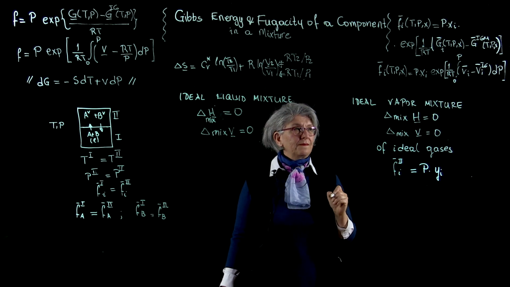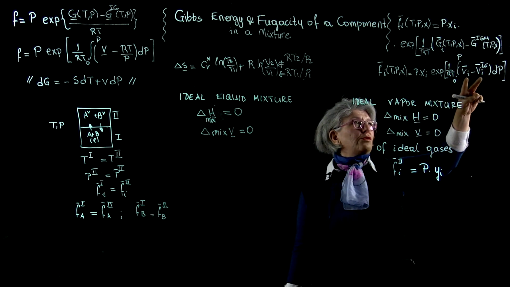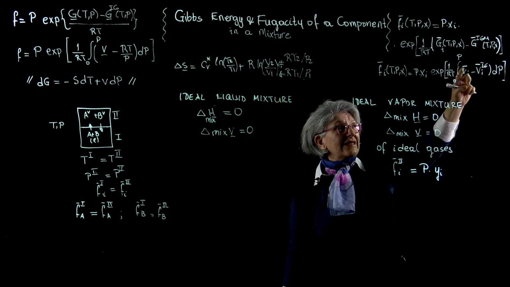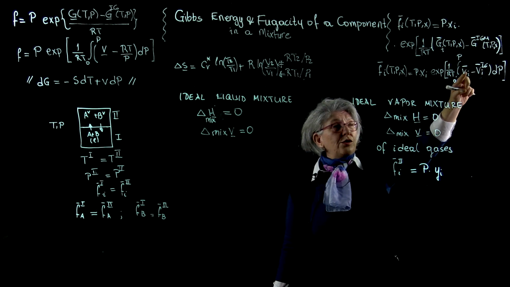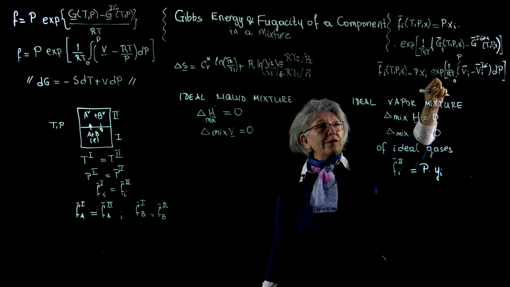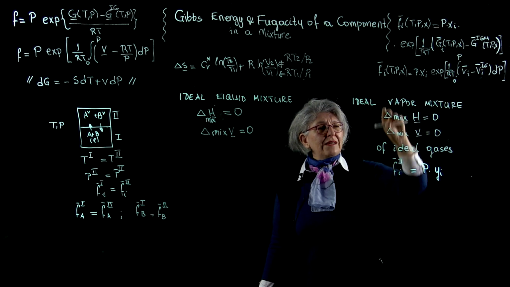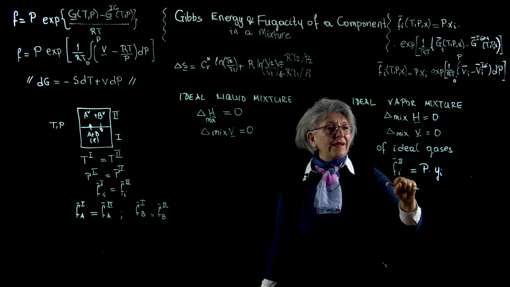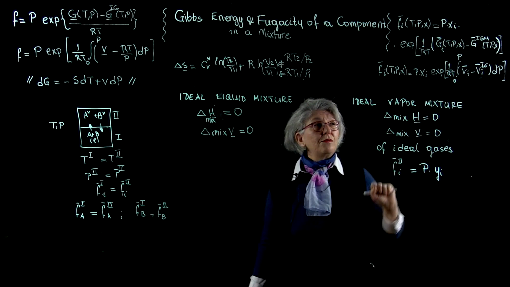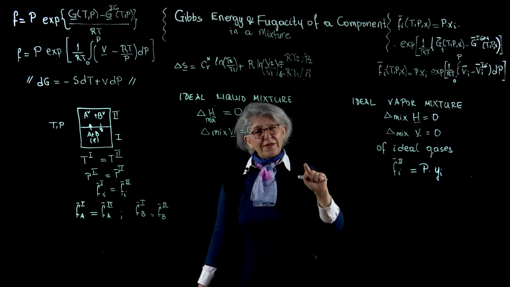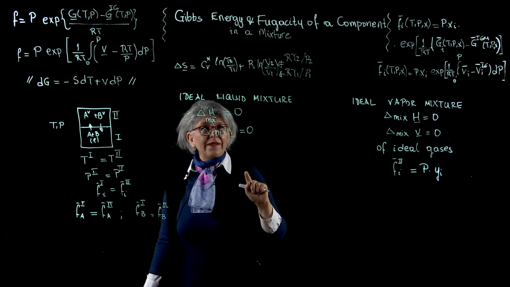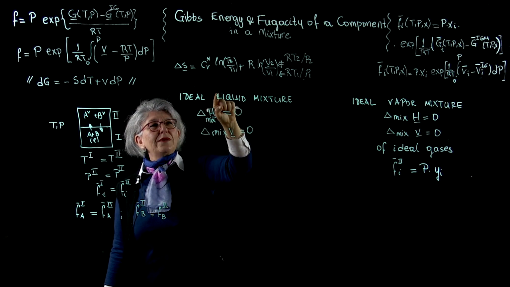Right? So this term is going to be 0 because I have an ideal mixture of ideal gases. This is going to be the volume of an ideal gas. This term is going to be 0. This term is going to be 1. My fugacity of component i will be the total pressure times the mole fraction of that component in the vapor phase. Now we have an ideal liquid mixture.